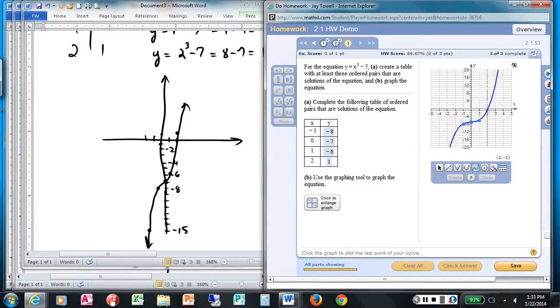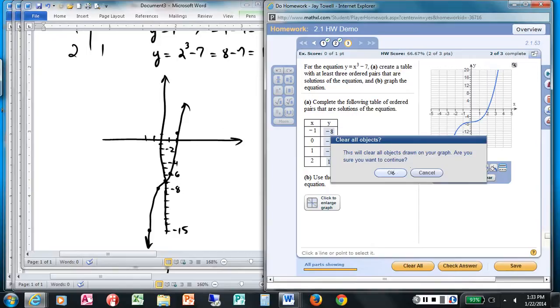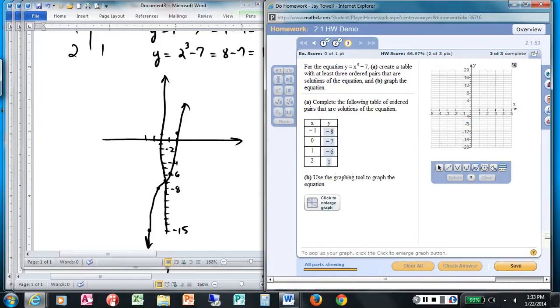And last but not least, 2 is +1, and I think I messed it up. Okay, try it again. All right, -1, -8, 0, -7.